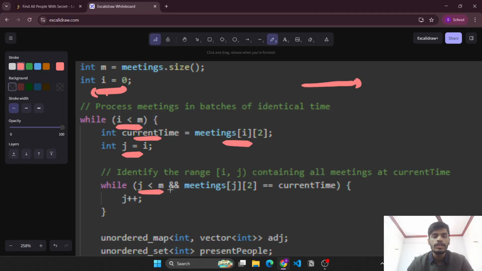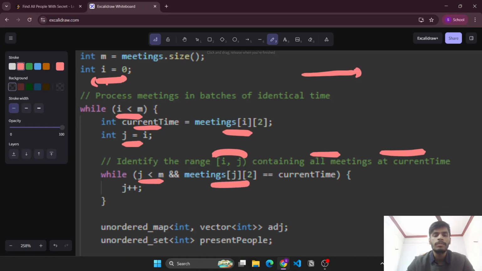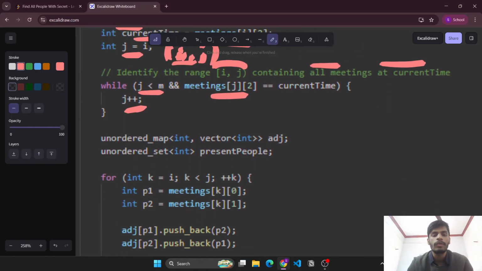So we'll move this j, and we'll be able to find the range i to j such that all meetings contained between i and j are at the current time. Till meetings[j][2] is equal to this current time, we'll be able to increase j. So all the meetings from i till j, i closed and j open, will correspond to the current time. Now we can create a graph as well as find out the present people.